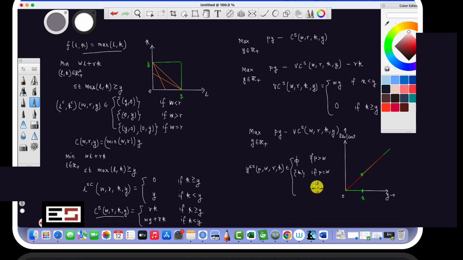And if p is less than w, and let's assume it's strictly positive, in that case, this is how the revenue function will look.